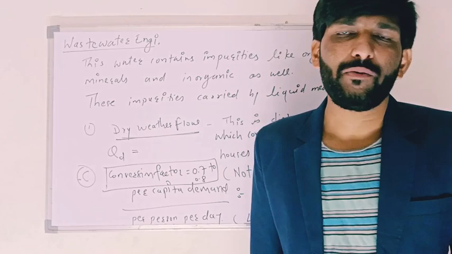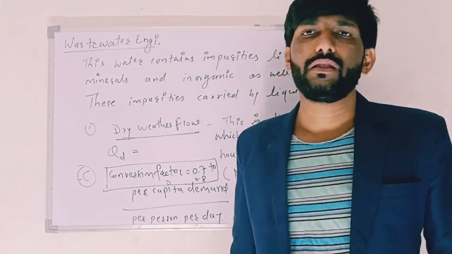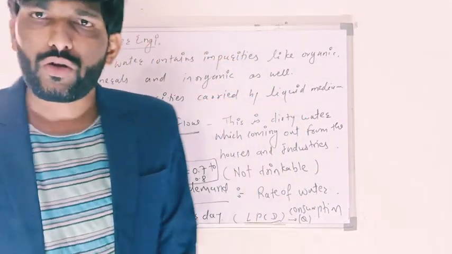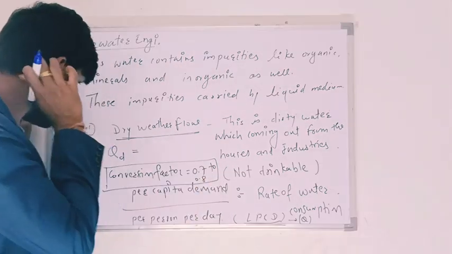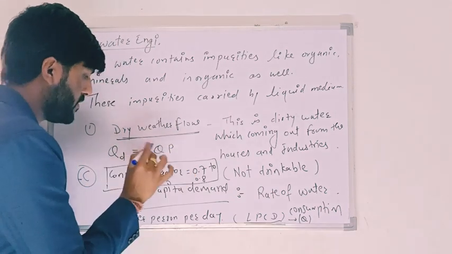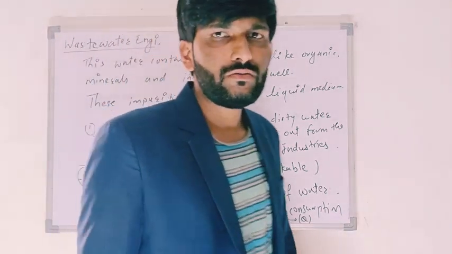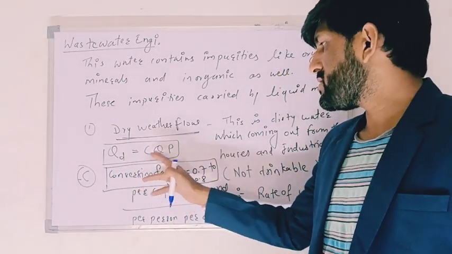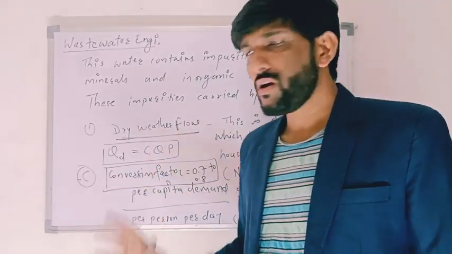If there are a number of people living in the society, then we have to multiply by that population P. Then we get the dry weather flow: C into Q into population P. Here Q is your demand, P is the population, and C is your conversion factor.